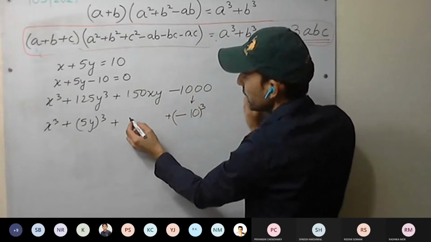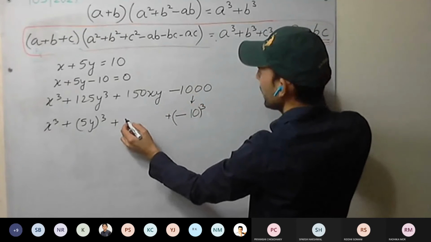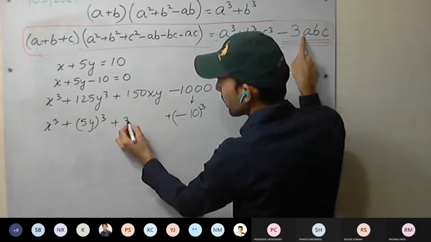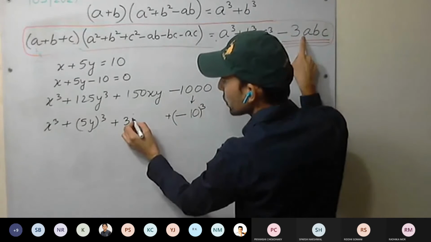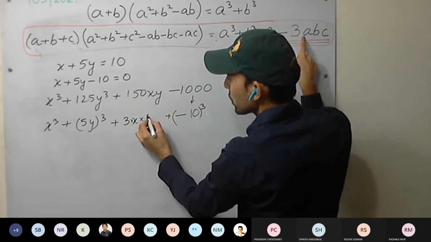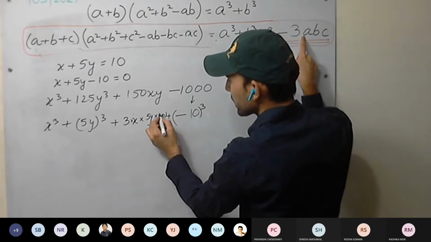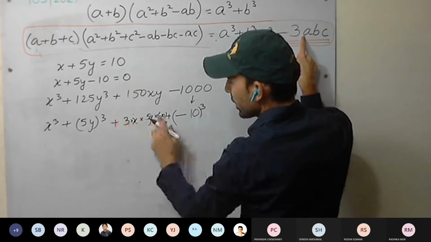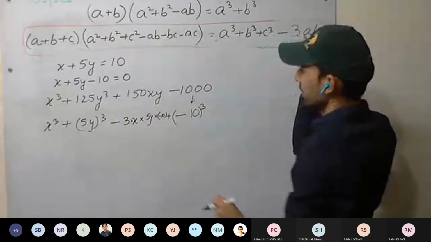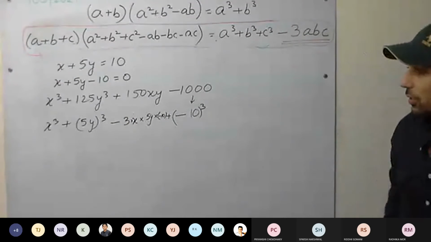What about this one? It is minus 3abc. So a is how much? x. b is how much? 5y. c is how much? Minus 10. And here we used to have the minus. Minus will become plus. Have you got something now?